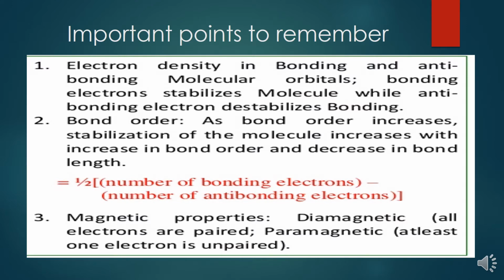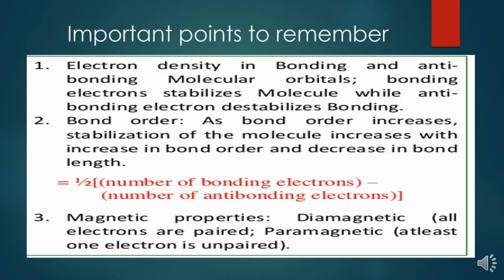Firstly, we need to remember a few points while drawing molecular orbital diagrams: the presence of electrons in bonding and anti-bonding molecular orbitals determines the stability of the molecule. Bonding electrons stabilize the molecule, whereas anti-bonding electrons destabilize the molecule.